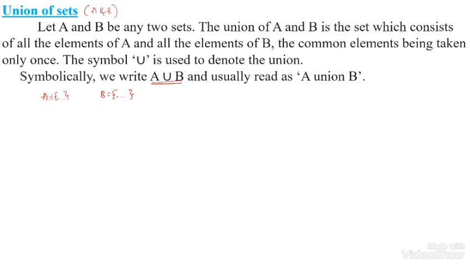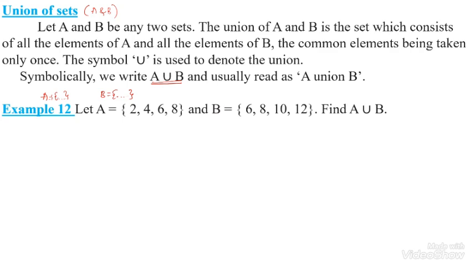For example, let A be a set and B be a set, and we write A ∪ B. By the definition, A ∪ B contains the elements of both A and B. The elements of A are 2, 4, 6, 8, and the elements of B are 6, 8, 10, 12. Here 6 and 8 are already in set A, so we do not write them again, because common elements are taken only once.